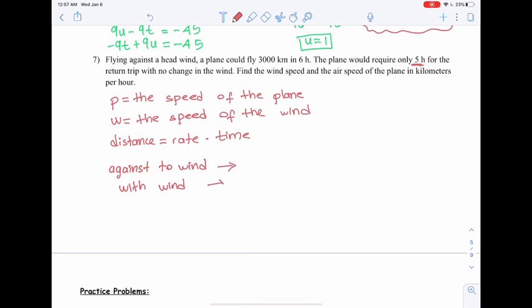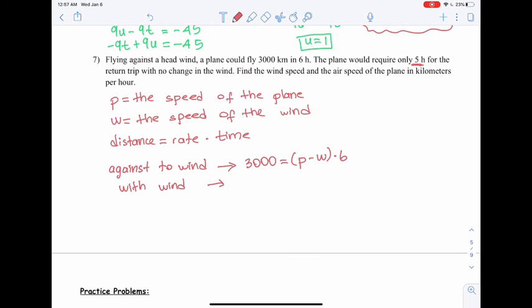So from here, the distance is 3,000 kilometers, and against the wind, it is going to be P minus W times 6.